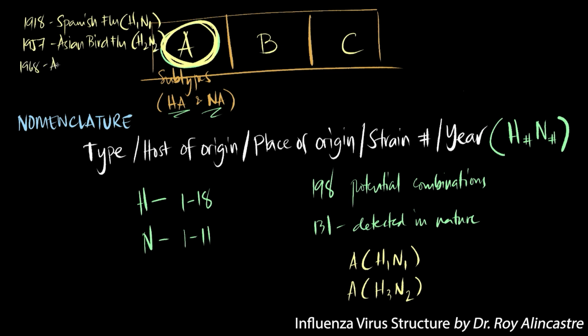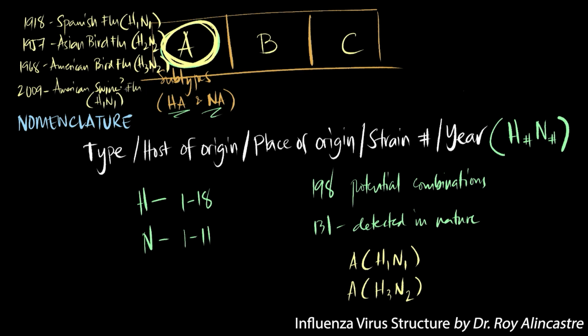And then another bird flu broke out in 1968 in America. This time it was H3N2. And in 2009, another flu outbreak occurred in the US. It was an H1N1 virus believed to have originated from swine, but it was totally new and it was different from other previous H1N1 viruses.